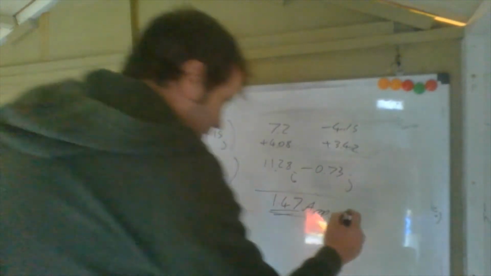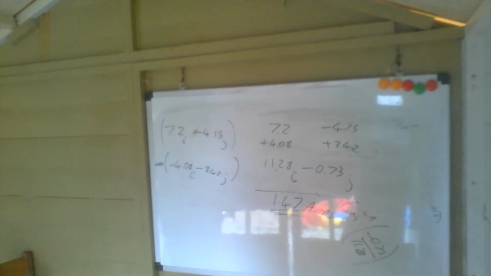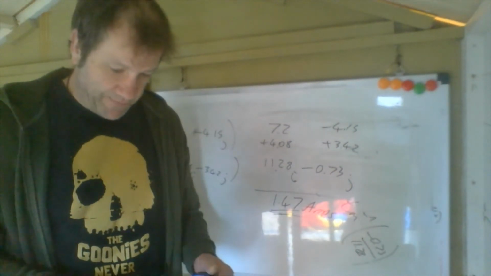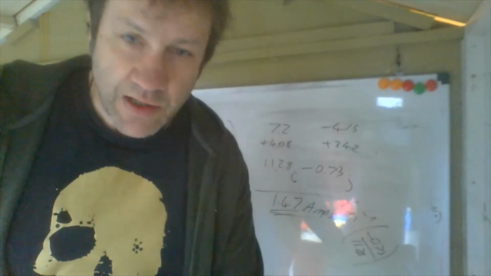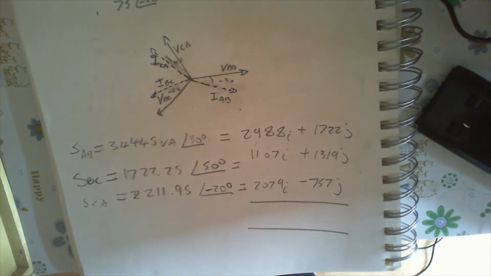And the angle was just tan minus 1 of minus 0.73 over 11.28. That's a shallow angle. Right, so I hope that's good. Hope everything makes sense. And I'll speak to you soon, okay? Take it easy, bye.